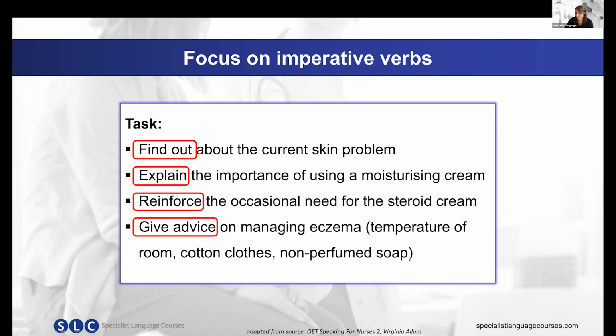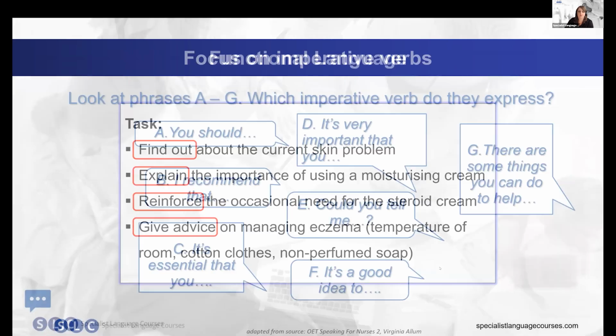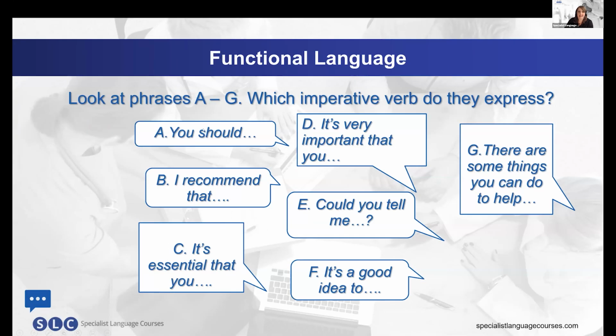So what we're going to do is look at some phrases that we can use to express these different verbs. So on the screen, you can see A to G. So we have a variety of different phrases here. And these phrases can be used to express the imperative verbs that we have just seen.